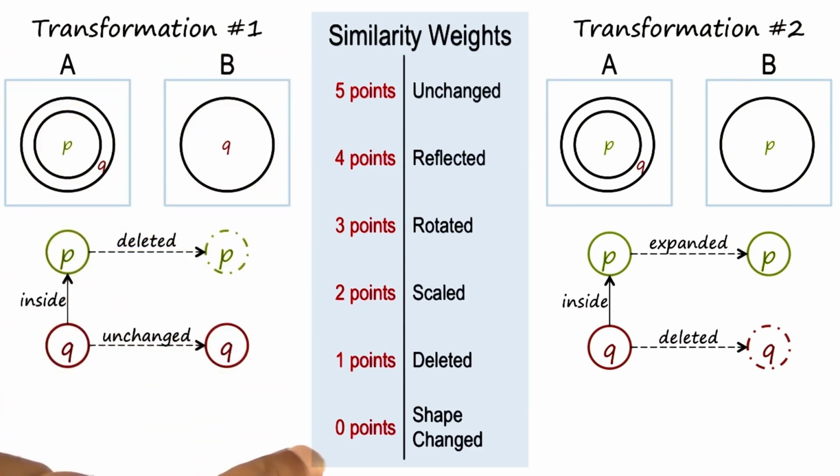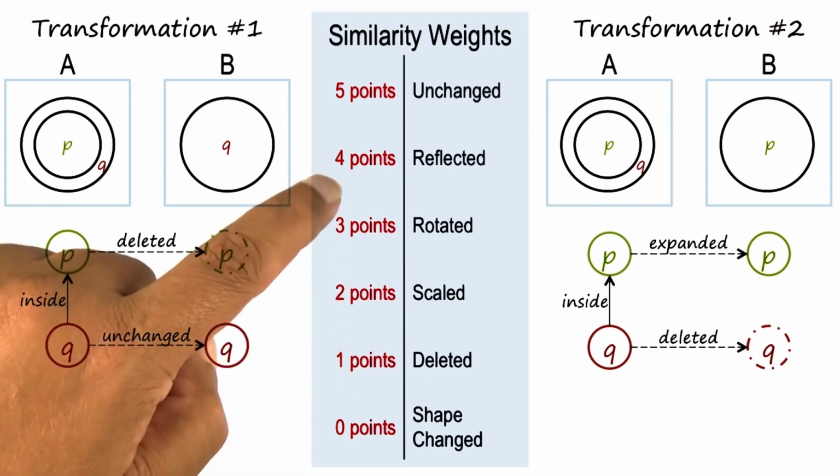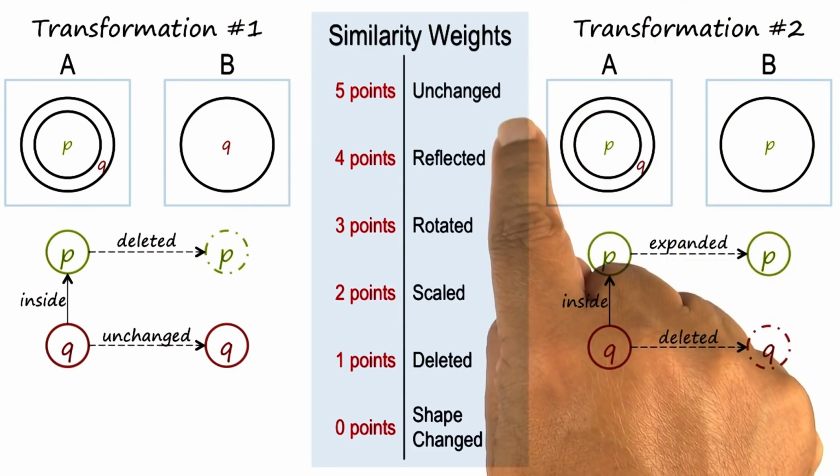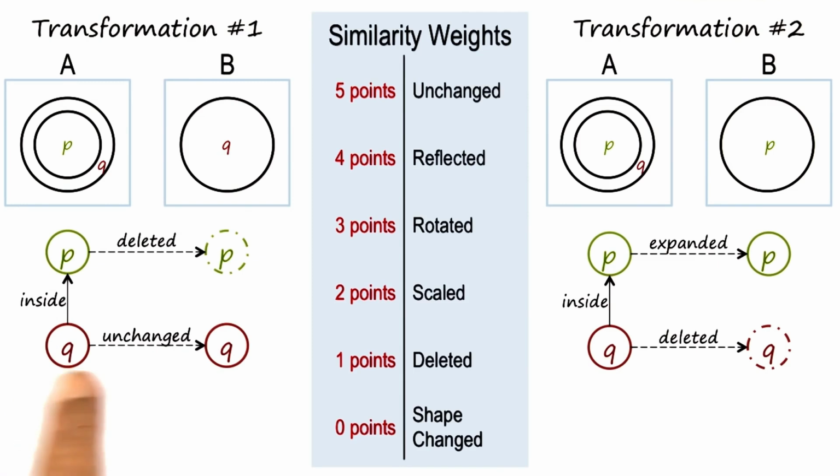You will notice that these transformations like scaling, rotation, reflection make for affine transformations. In this scale, a larger value, like 5 points, means more ease of transformation and greater similarity. A lower value means less ease of transformation, a more difficult transformation, and less similarity.